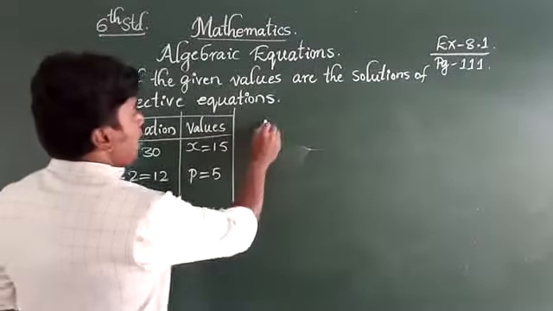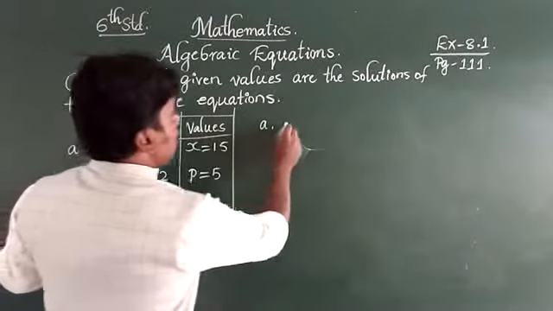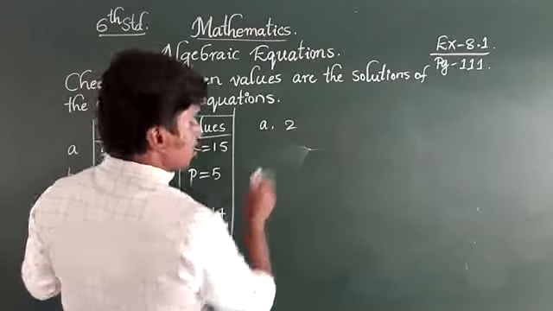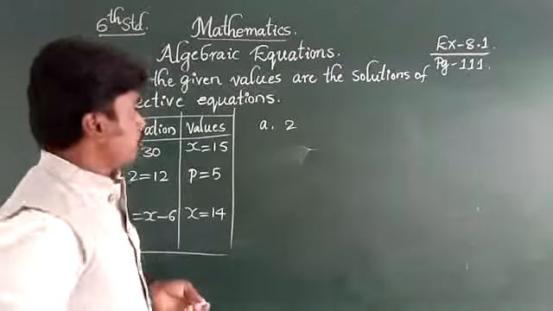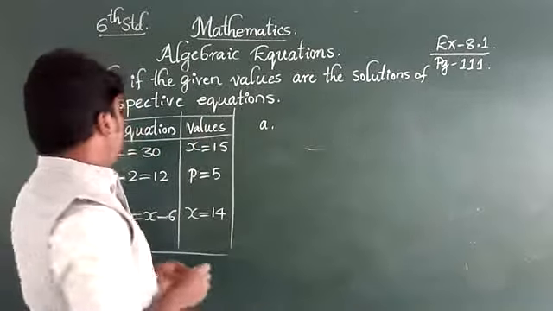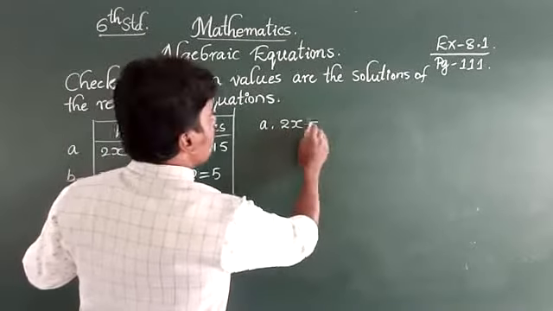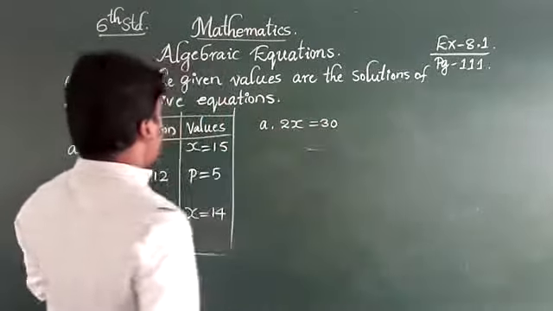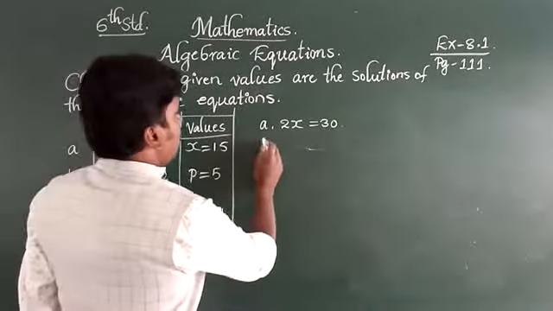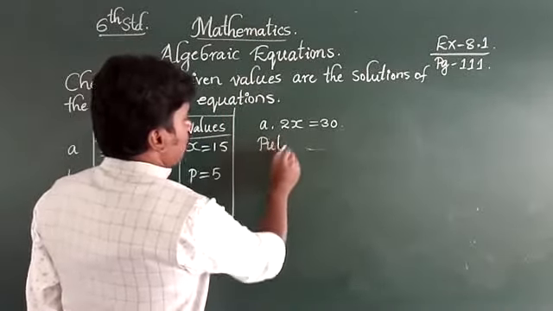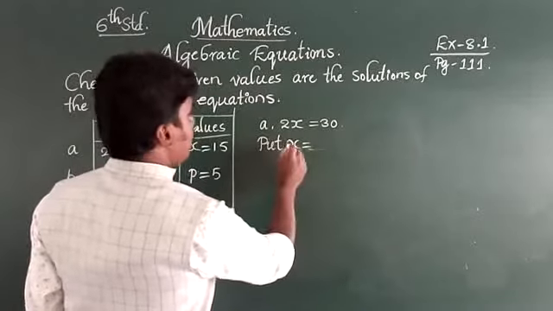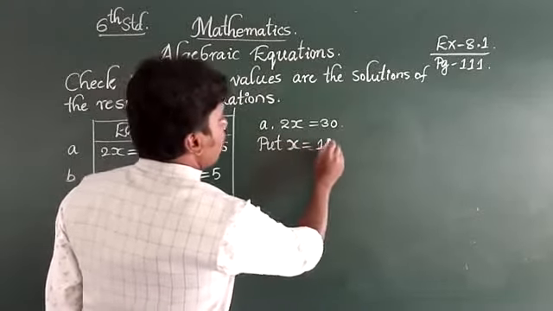First I would like to take, that is 2x, the given equation is 2x is equal to 30. So here put x is equal to 15.